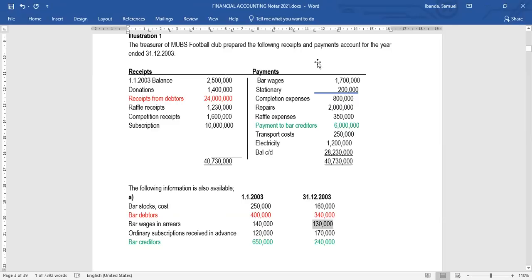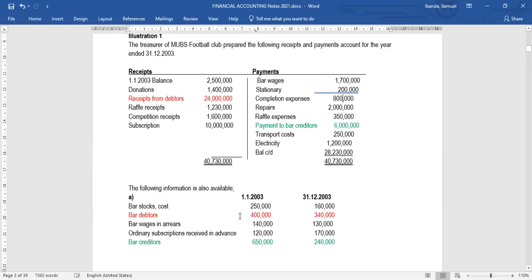Now, whenever you have expenses positioned in that way, you cannot just take the bar wages up here, because these are the bar wages that were paid through cash. And remember, with the accrual concept, we don't only recognize expenses that were paid in cash, but also expenses that relate to the period that were outstanding or in arrears. These should also be recognized, okay?